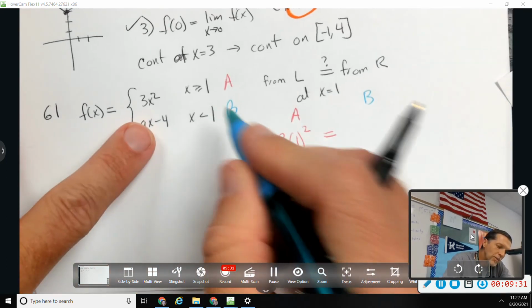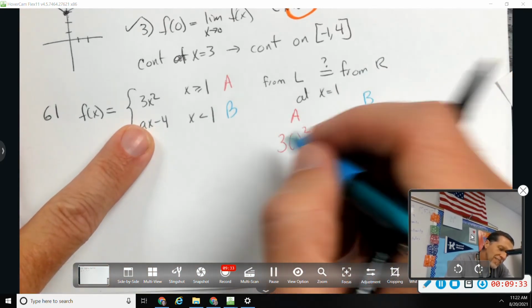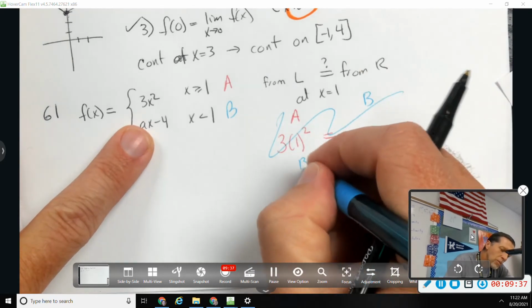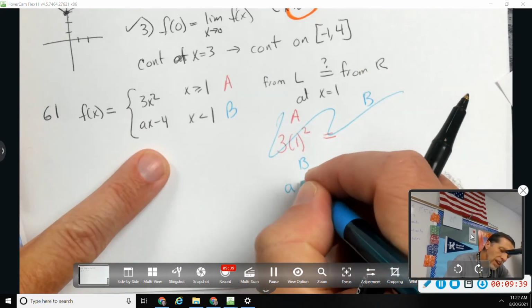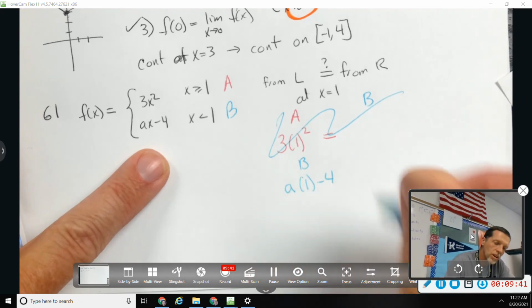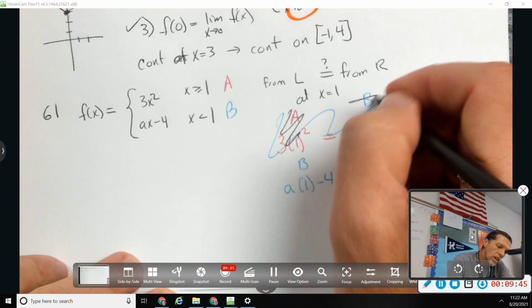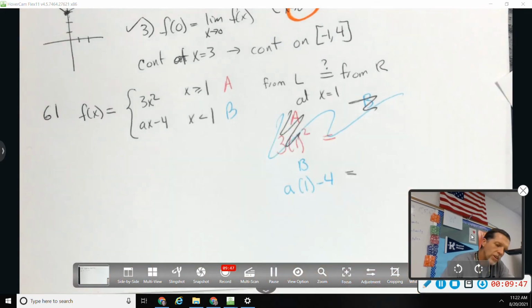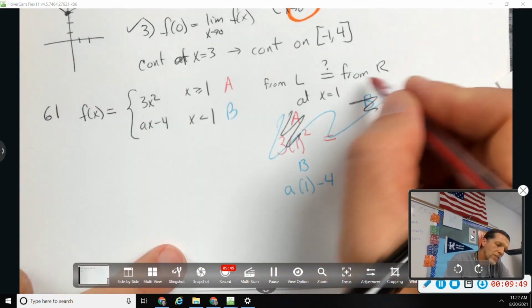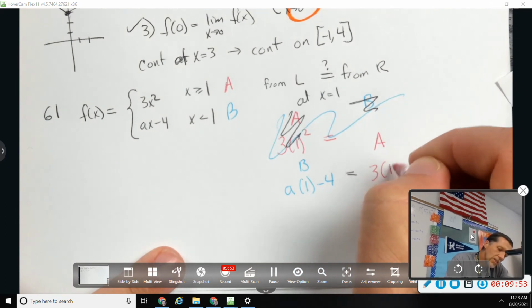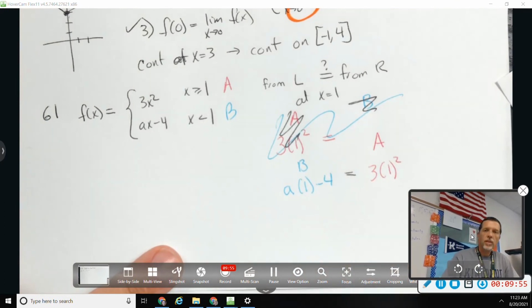From the right should be branch A. Start over. From the left, branch B. A times 1 minus 4. From the right, let's slow down here, where x is bigger than 1, that would be branch A. 3 times 1 squared.